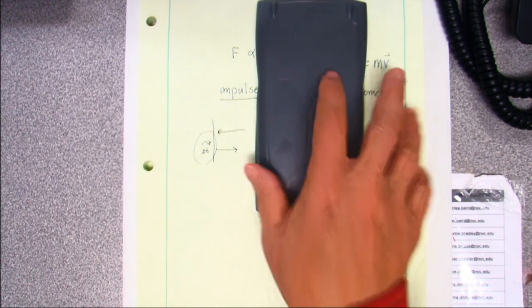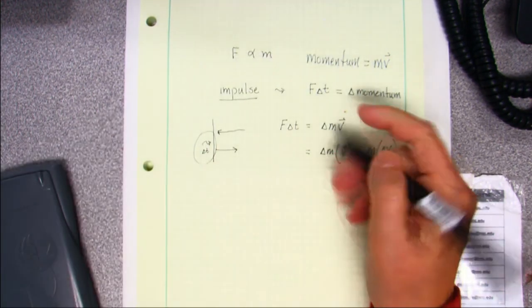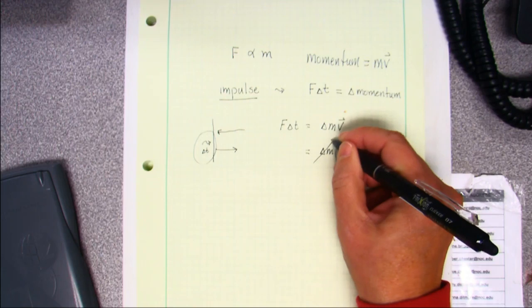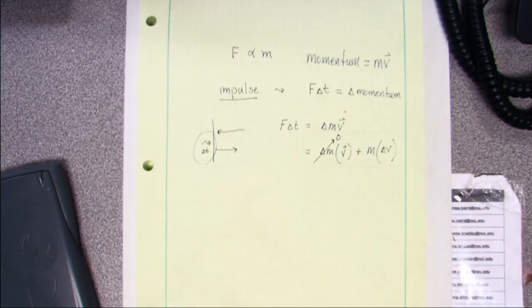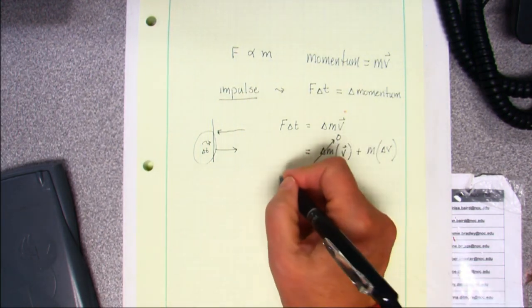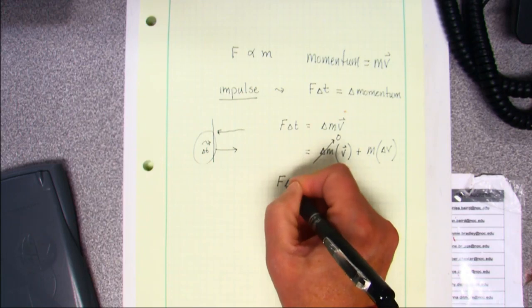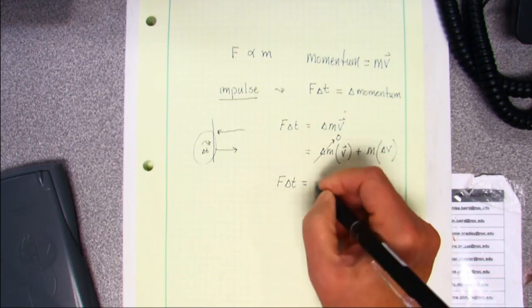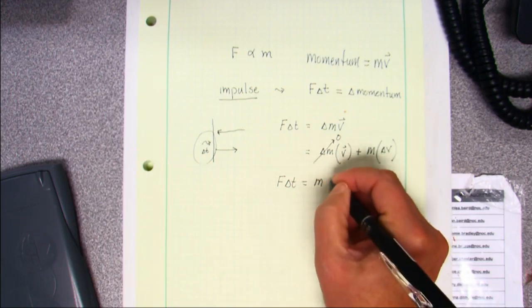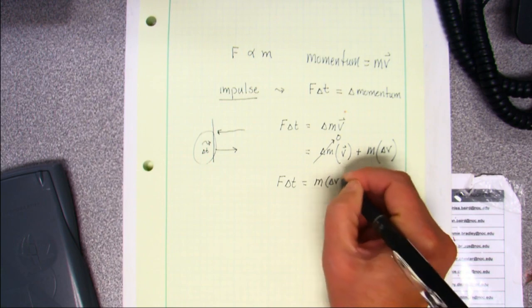No. Most of the time, we don't have a change in mass. Now, there are situations where I have a change in mass. Rockets. So most of the time, I get that the force times the change in time is equal to the mass times my change in velocity.